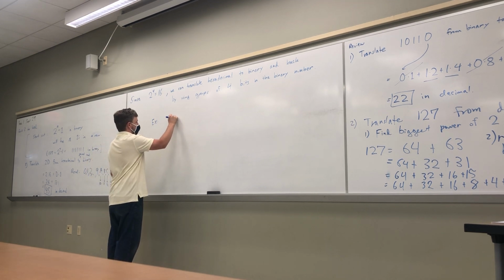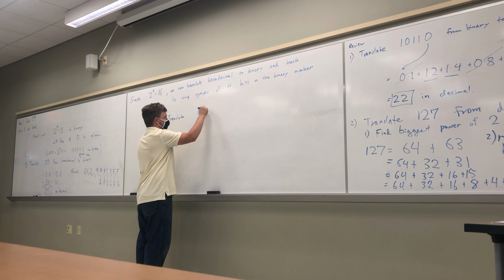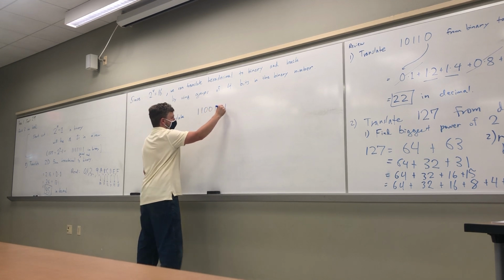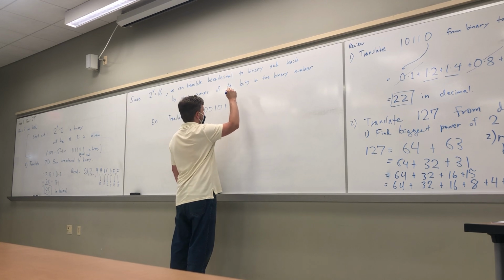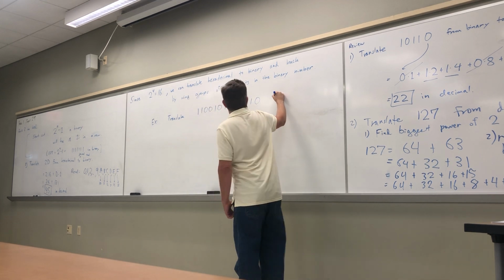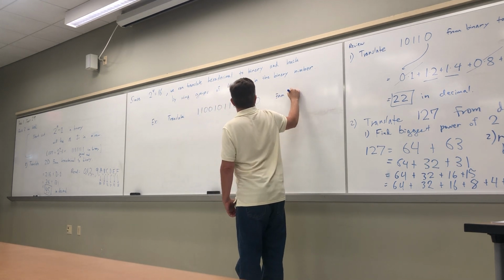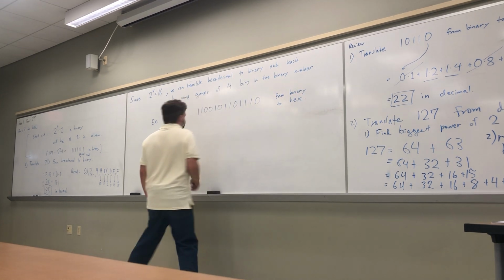So translate this binary number 1 1 0 0 1 0 1 1 0 1 1 1 0. Okay, it looks huge. From binary to hexadecimal. Just hex is fine.